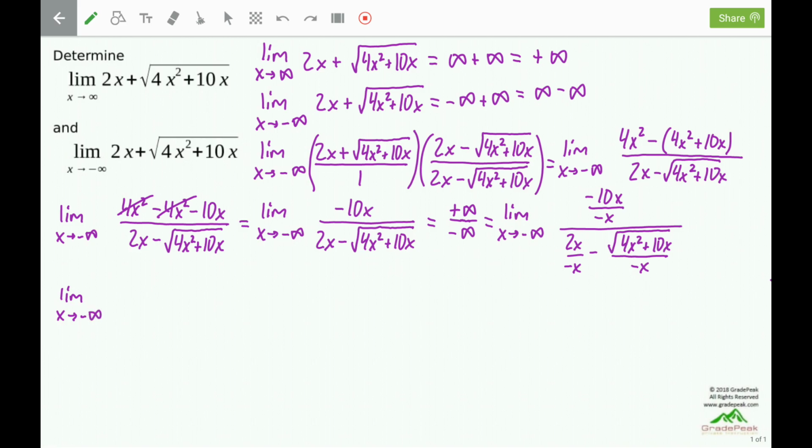In the numerator, the negatives can cancel to become a positive, the x's can cancel, and it will become a positive 10.